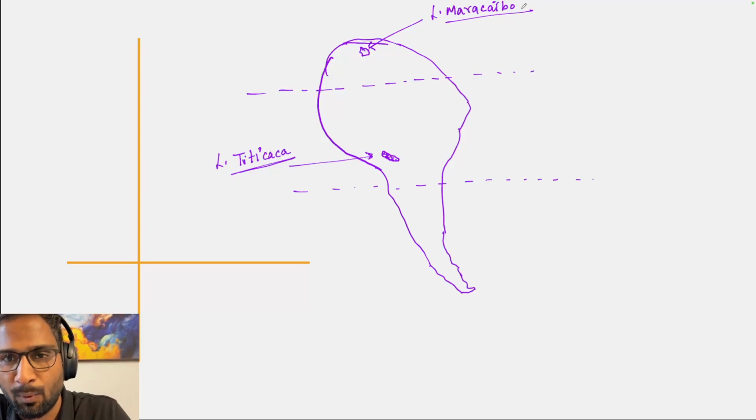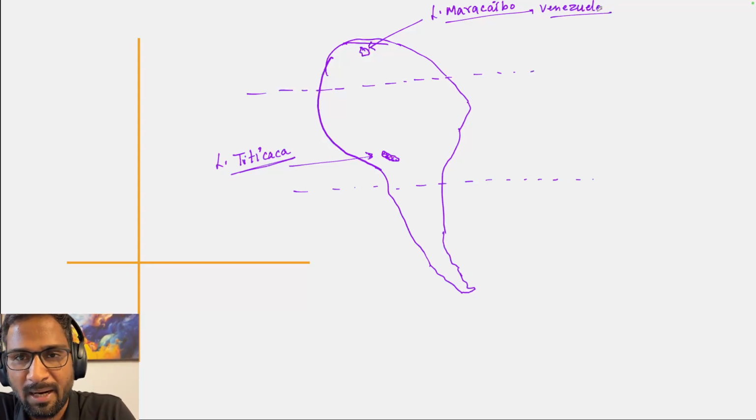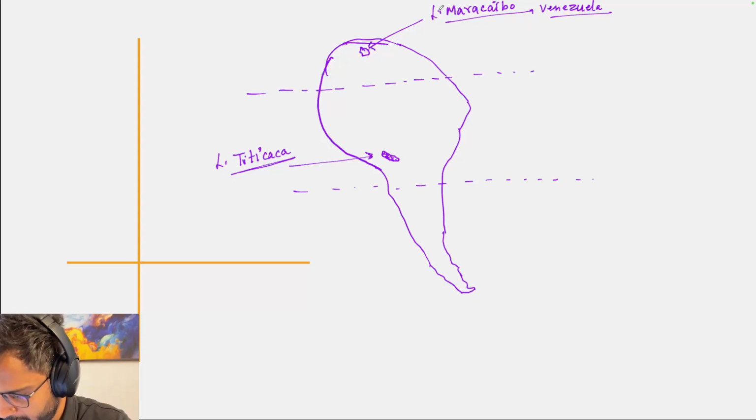Lake Maracaibo is in Venezuela, and it is famous for huge reserves of petroleum. Anyway, so these are the two important lakes of South America. Now let's look at the important rivers of South America.